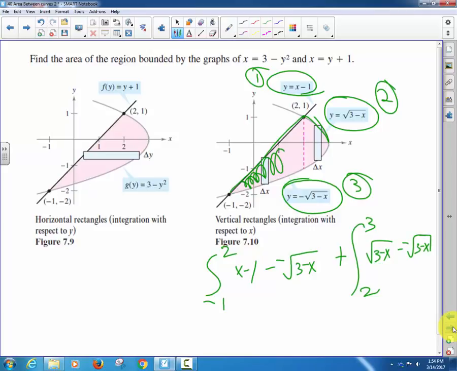So suddenly I've got two things to integrate. Do you think that's going to be harder to do? Well, first of all, I had to figure out what they were in terms of x. Then I had to be able to draw them and figure out my top and bottom. I think that's going to give you a lot more work to do. You'll get the same answer, but it's going to give you a lot more work. Do you notice that the integrands are nothing like what we had with the y's?